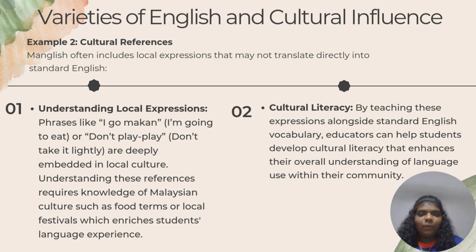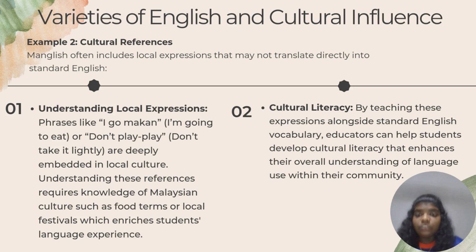The second one is cultural literacy. By teaching these expressions alongside standard English vocabulary, educators can help students develop cultural literacy that enhances their overall understanding of language use within their community.